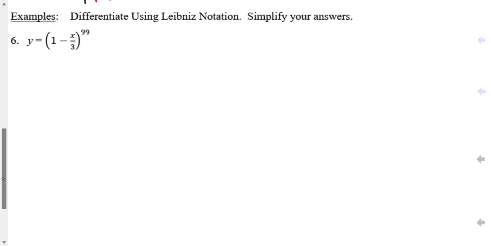So we need to choose how we're going to write it. So I would say y as a function of u is going to be u to the 99th. And then u as a function of x, 1 minus x over 3.